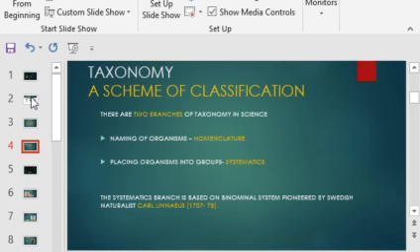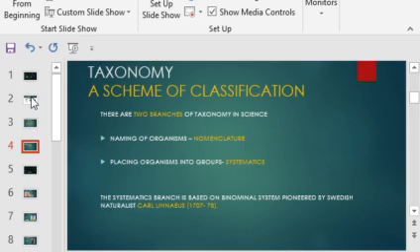We have two branches of taxonomy in science. One is the naming of organisms, which we refer to as nomenclature, and the other is placing organisms into groups, which is systematics, and this is what we are really going to focus on in this lesson.